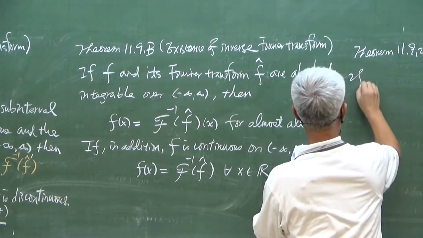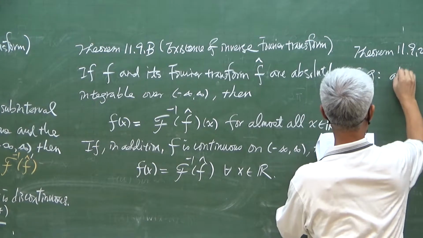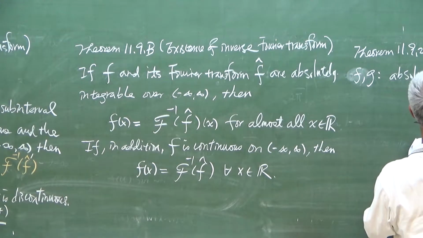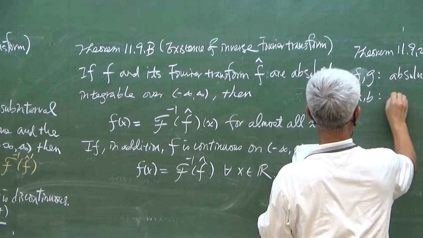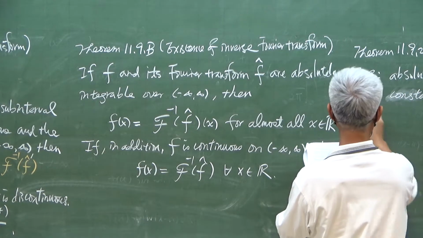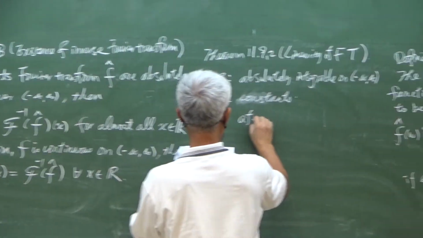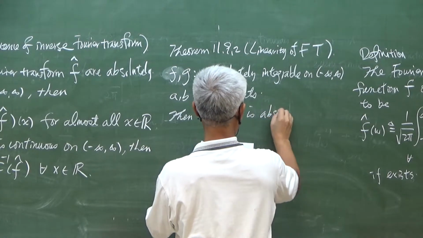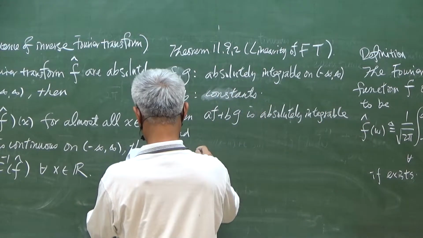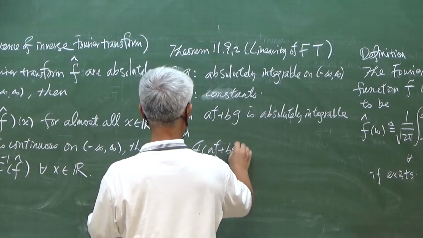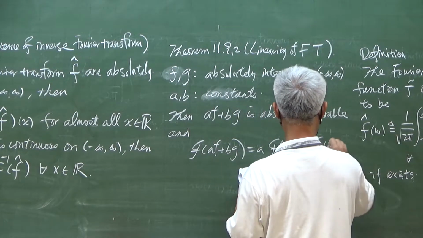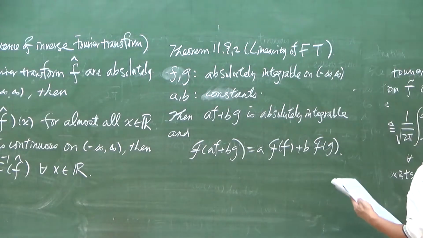Suppose f and g are absolutely integrable, and a and b are constants. Then af plus bg is absolutely integrable, and the Fourier transform of af plus bg is equal to a times the Fourier transform of f plus b times the Fourier transform of g. So we have linearity.